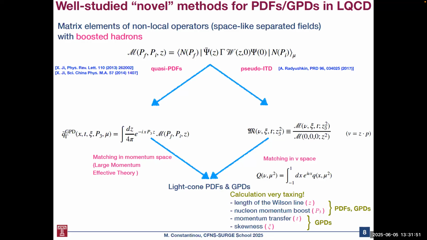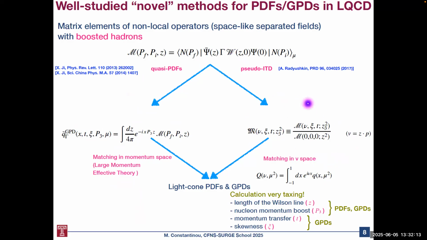One thing I could mention, for instance, is the renormalization. Every operator needs to be renormalized, and in the case of the quasi-PDFs and GPDs, you must calculate the renormalization separately and take care of the divergences by applying renormalization.